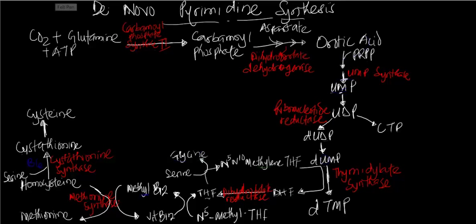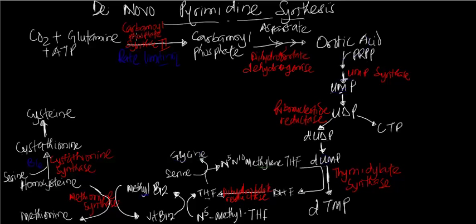So this is the rate limiting enzyme, and that means this step is going to be tightly regulated. Anytime you see an enzyme ending in synthase, from the name of the enzyme you can know what the product is going to be.